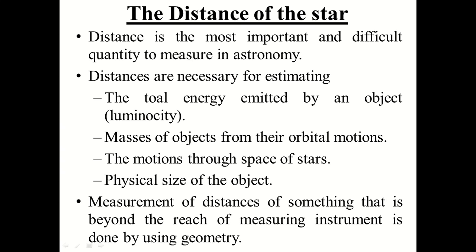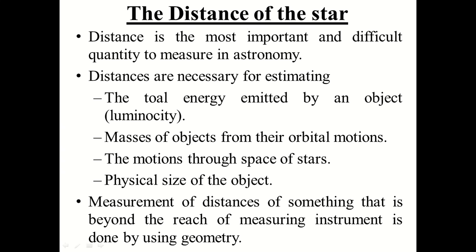So if the distances to be measured are of something that is beyond the reach of a measuring instrument, we will use geometry to estimate or calculate the distance. Usually the method of trigonometric parallax is used as the direct geometric method of finding distances.